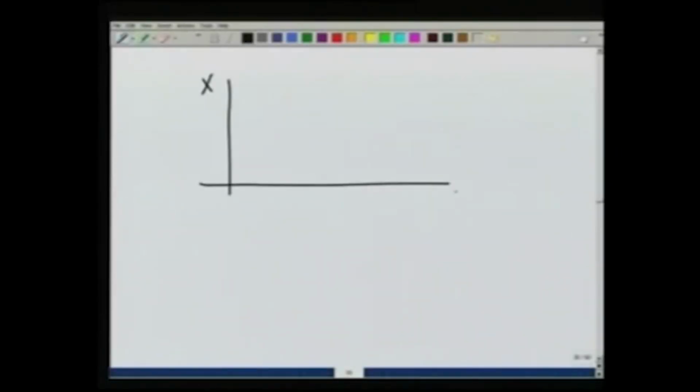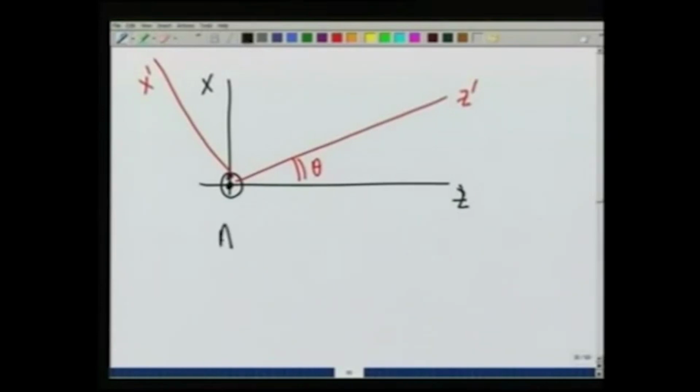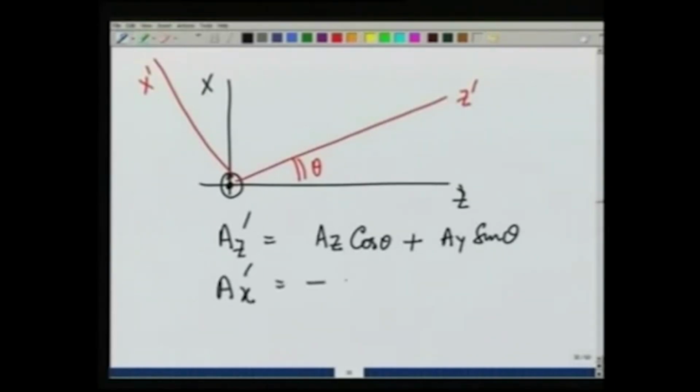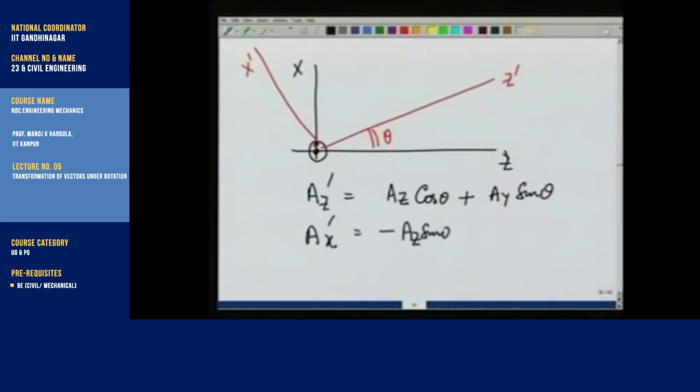If I rotate about the y axis, this is going to be x axis, z axis, y axis coming out, and make my new z prime and x prime axis like this. By rotating about the y axis, you will see that a z prime is going to be a z cosine of theta plus a y sine of theta, and a x prime is going to be minus a z sine of theta plus a y cosine of theta.